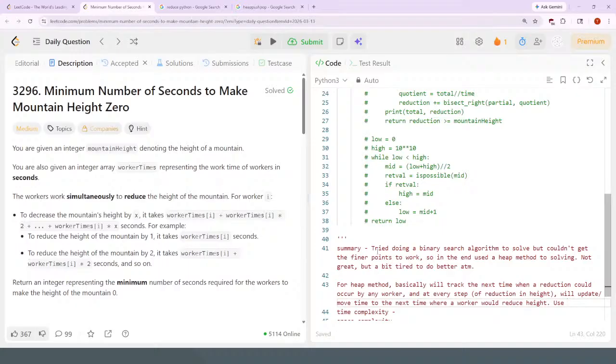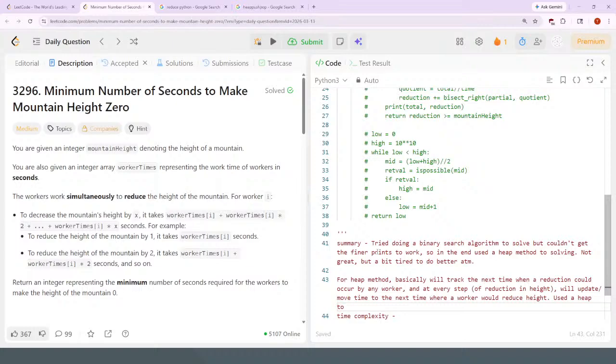Use a heap to keep track of the lowest, the min, next time when this occurs.